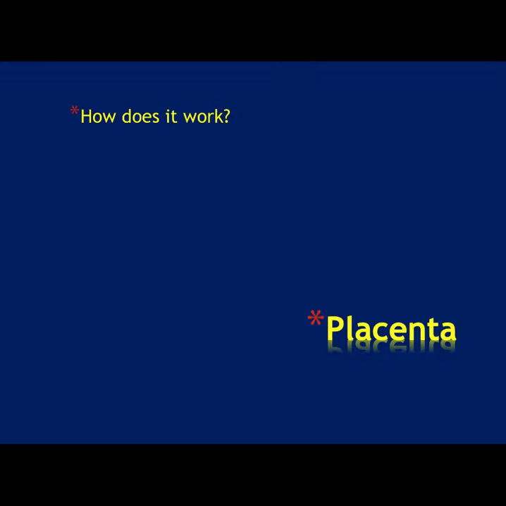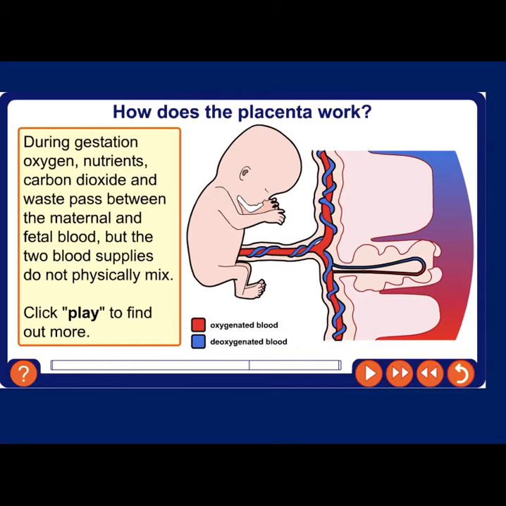In terms of the placenta then, when we talked about the female reproductive system, fallopian tubes and uterus, we said that an endometrium builds up. If fertilization doesn't happen, this endometrium is shed, and this is what we call a period.